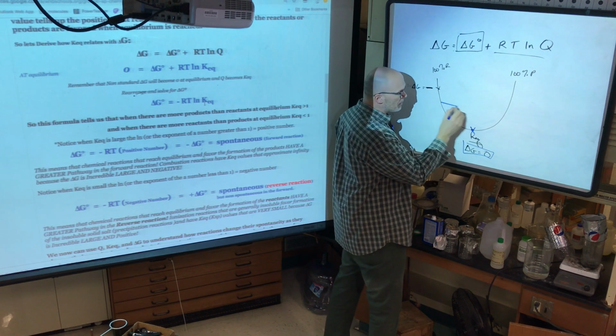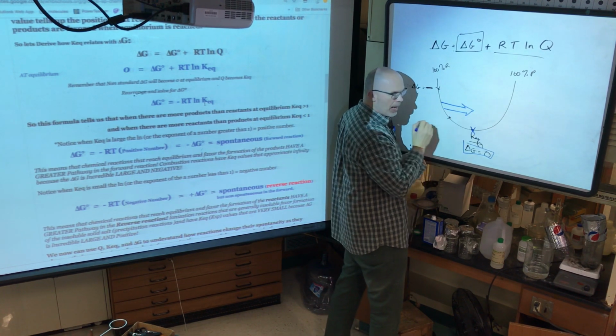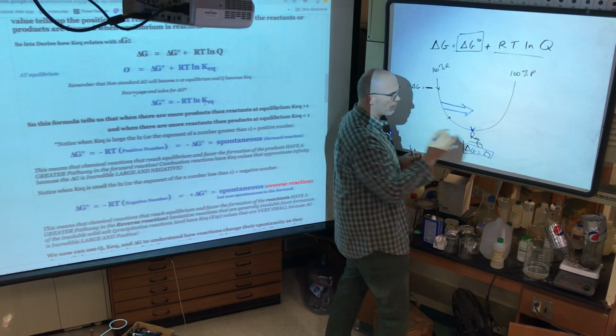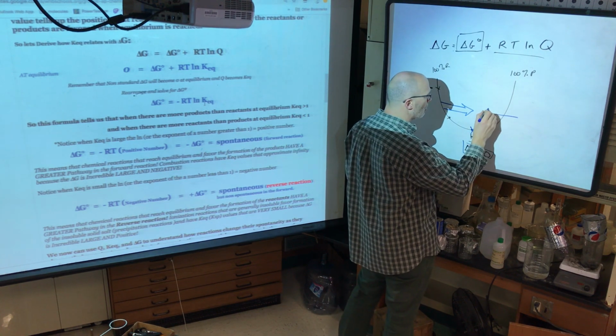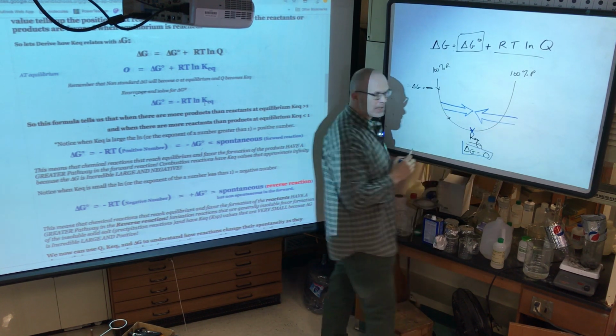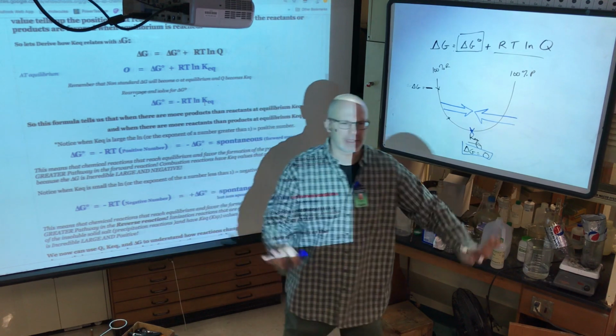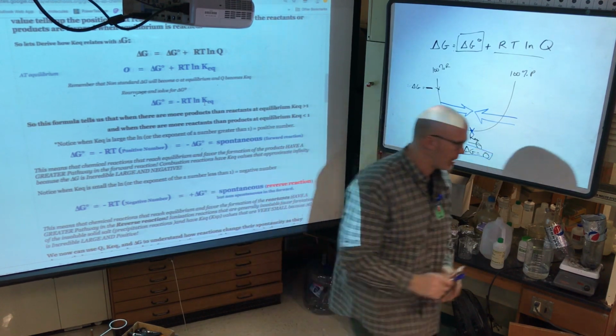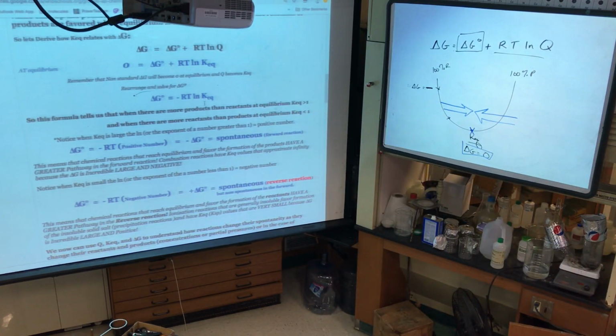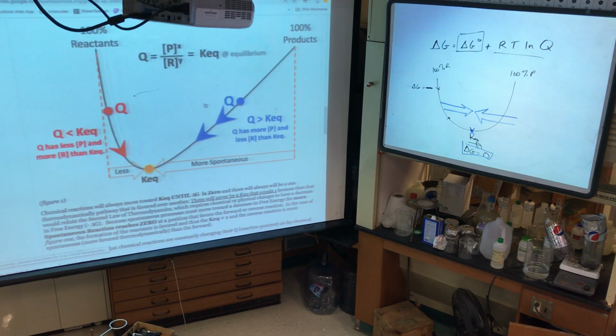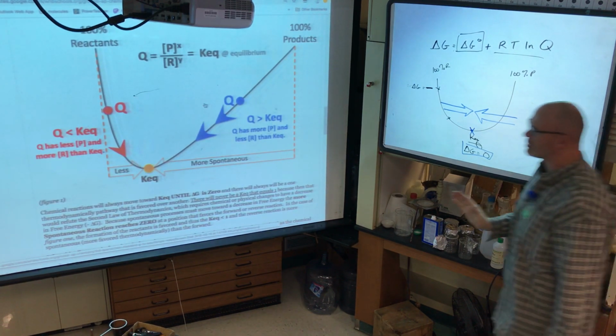And what it really measures is, hey, how spontaneous is the forward? How spontaneous is the what? Reverse. And it finds that position. Equilibrium is never 50%, 50%.